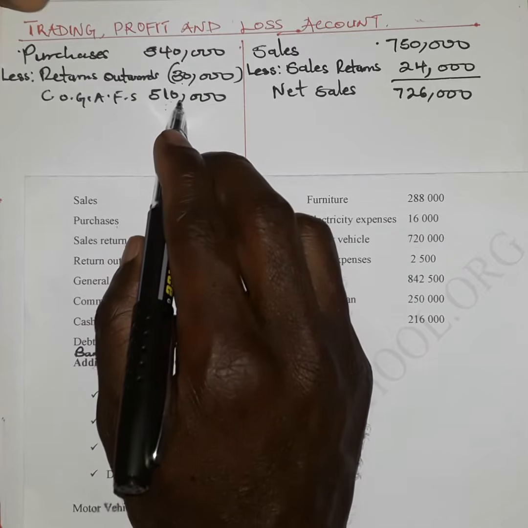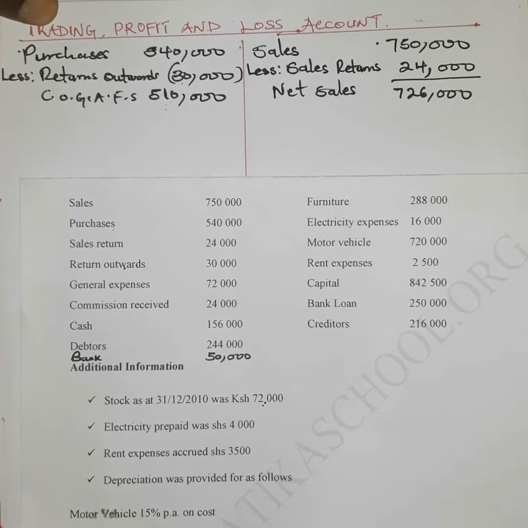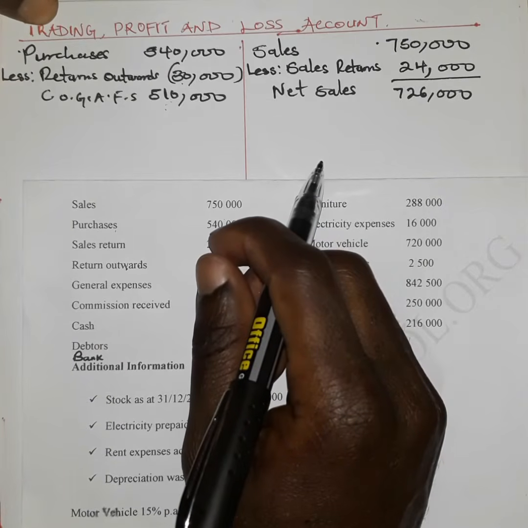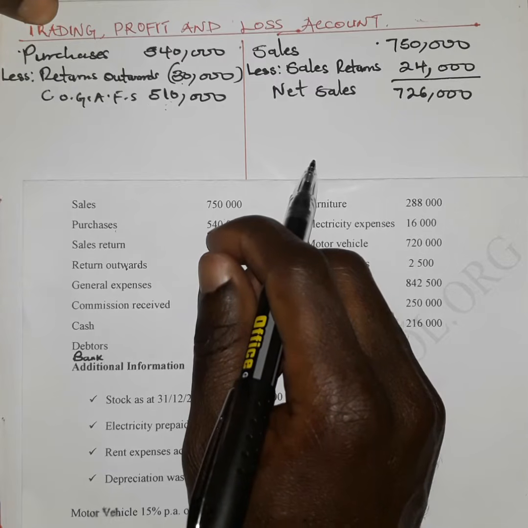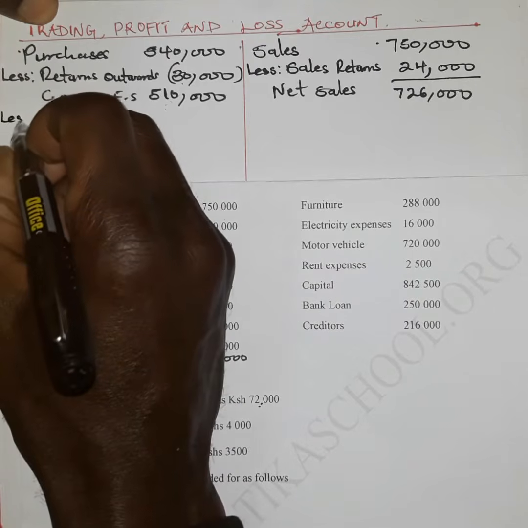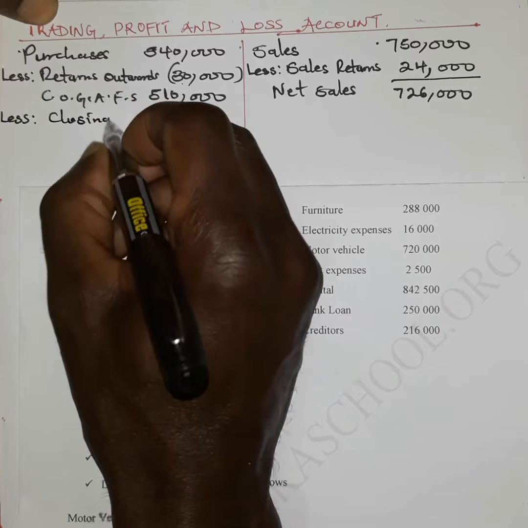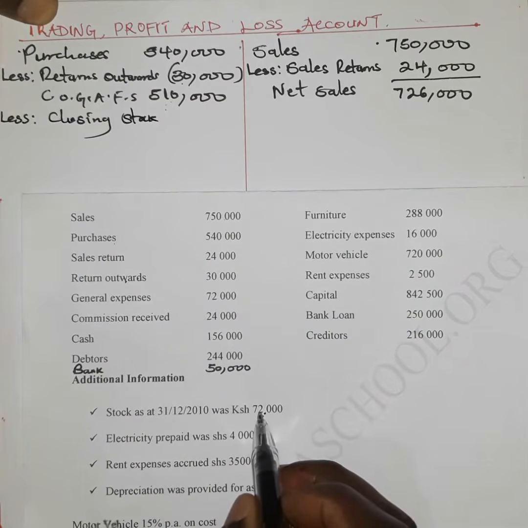So we have this one which is supposed to be sold, and then we remain with this particular value. We are supposed to determine the cost of goods that were sold, so we deduct what is remaining in the business, which is referred to as the closing stock. The amount is 72,000.